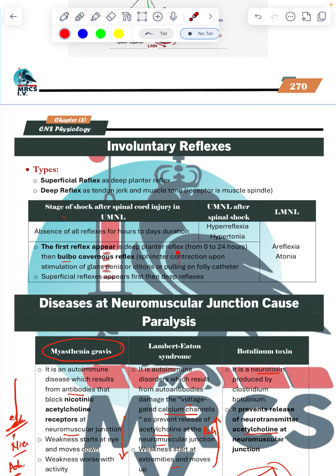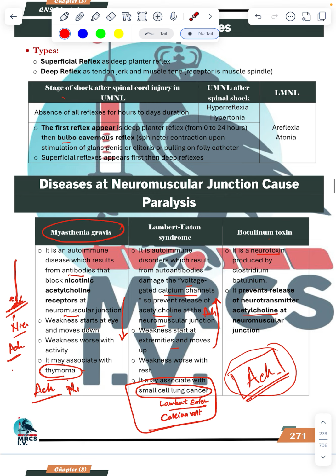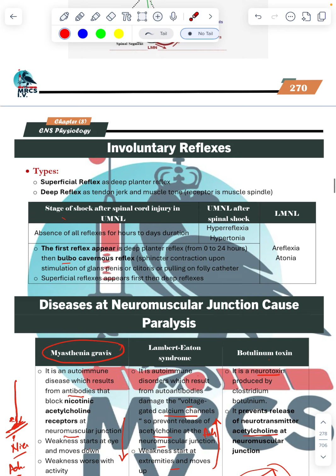You scratch the sole of the foot, and the great toe, instead of flexing, extends. That is the superficial plantar reflex. The deep reflex is a tendon jerk. If the first reflex has appeared, it means spinal shock is gone. Then the bulbocavernosus reflex appears.